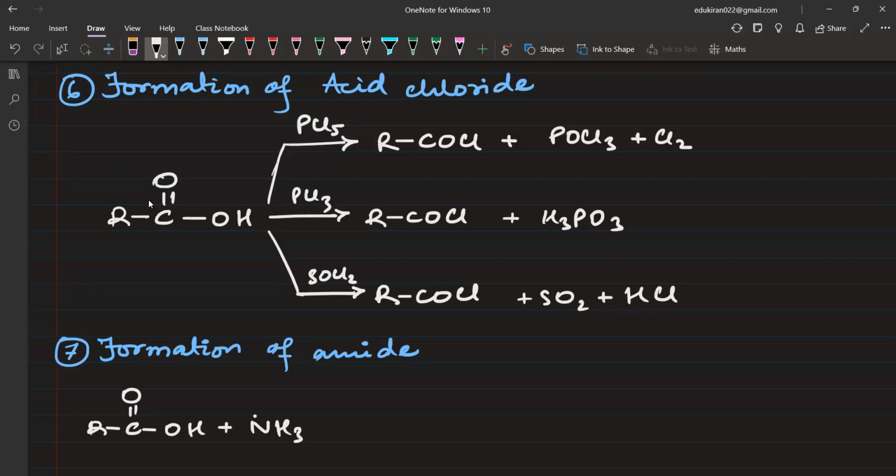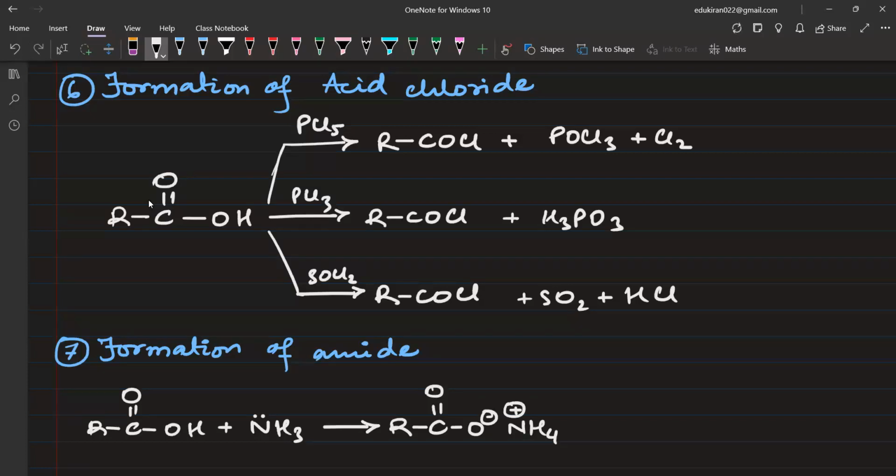When you will react with NH3, the lone pair of nitrogen atom will attack on the acidic hydrogen of carboxylic acid, and you will get a salt that will look something like this. You will have R, C double bond O, that is O negative. The nitrogen atom gets 1 hydrogen and it becomes NH4 positive. ठीक है, now this is the salt.